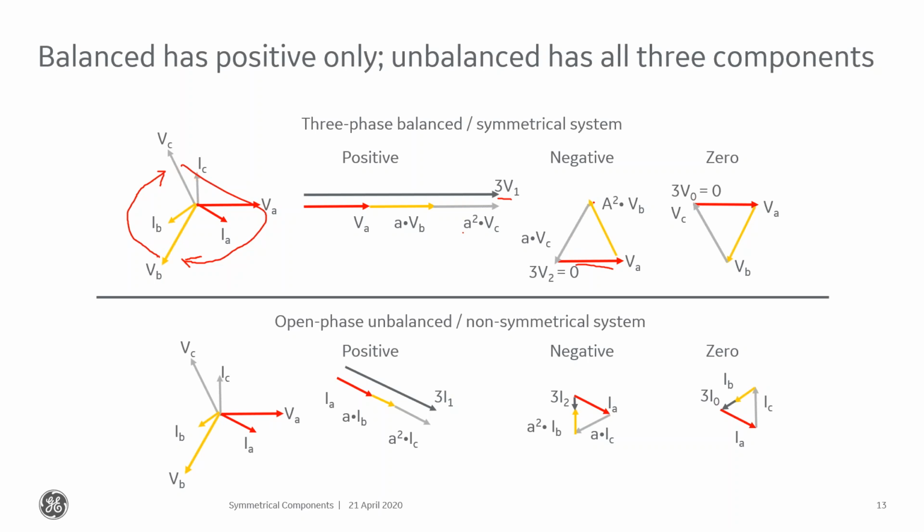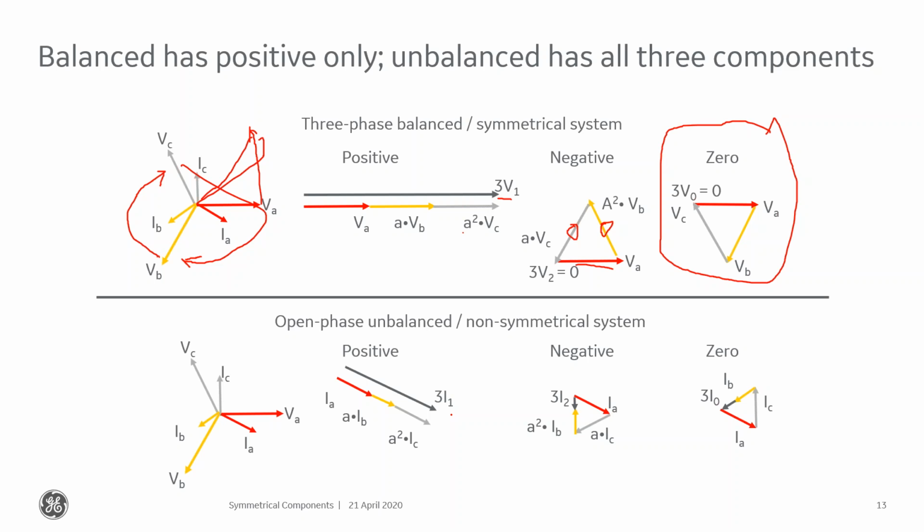Here's V2, that shifted B right here, and then here's that shifted C right here, and those vectorially sum to zero. And for my zero sequence quantities in this system, I'm just going to take the vector sum. So if I take VA, superimpose C onto it, just like I did a few minutes ago, and B onto that, that gives me zero. Okay.